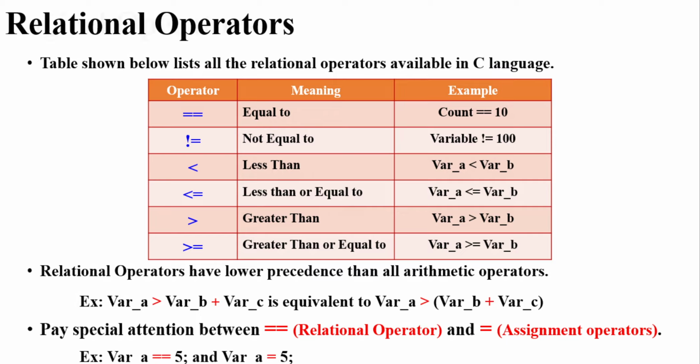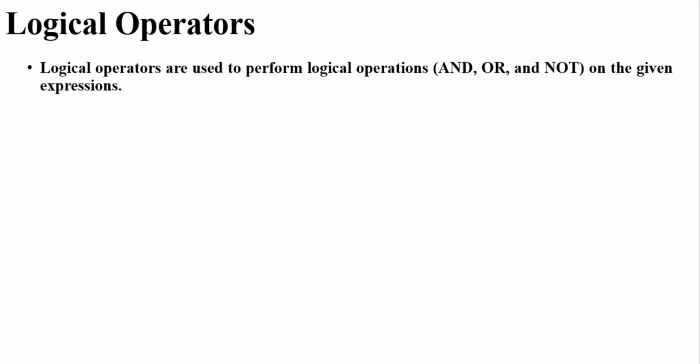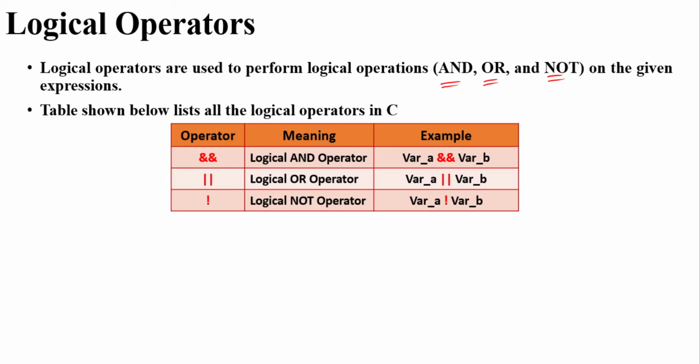Next, let us talk about logical operators. Logical operators are used to perform logical operations like and, or, not, and these are the operators used to logically check some conditions. To check logical and, you have to put two ampersand signs, not a single ampersand.